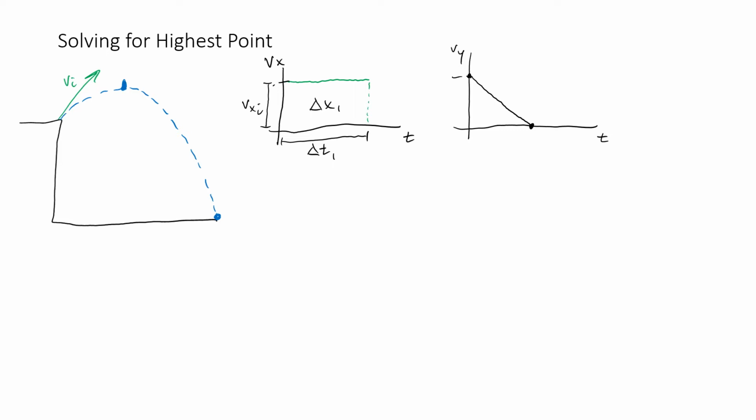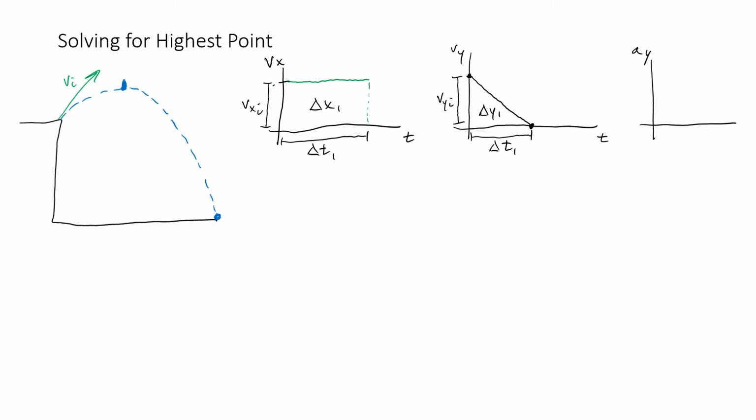Again, this initial point right here is known. We call that Vyi. The amount of time is the same time we just mentioned, and then the area inside is still position, but this time we could call it a change in y position, and I'll put a delta y1 for that. Finally, we usually would like to draw an acceleration graph as well. There was no need to do this for the x direction since we knew the motion was totally constant.